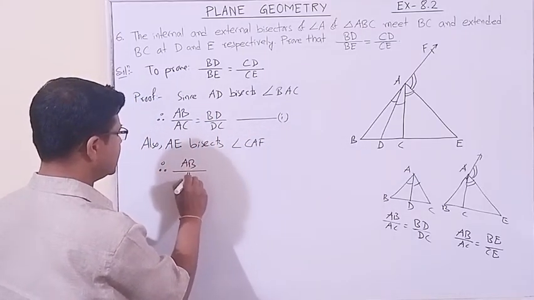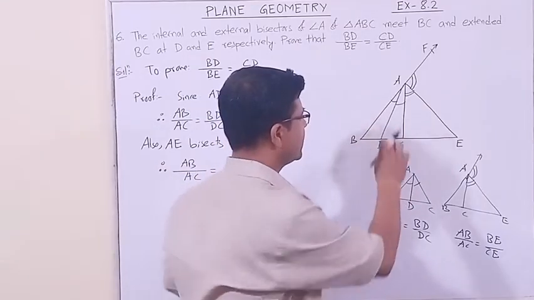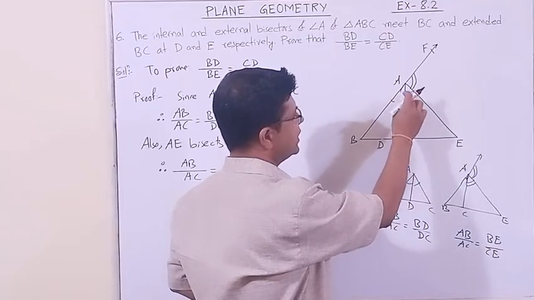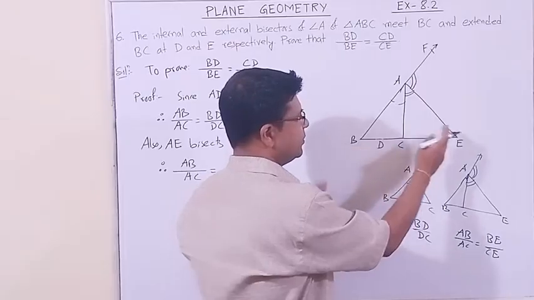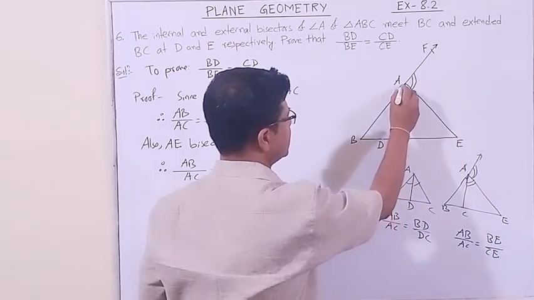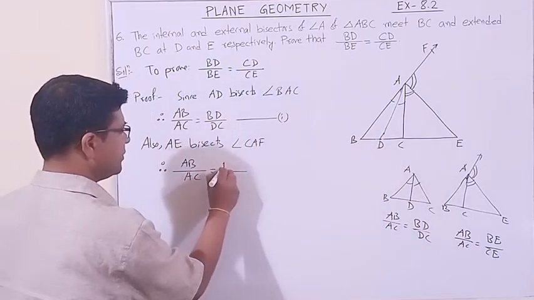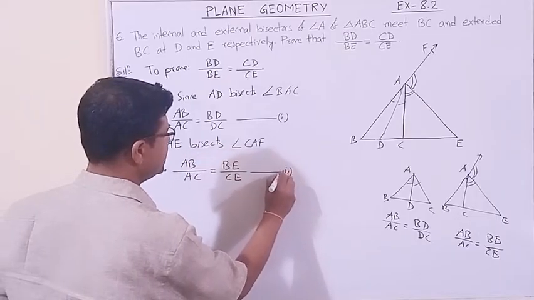For the time being you forget the other part. This is the bisector, so AB by AC equal to BE by CE. This is equation 2.